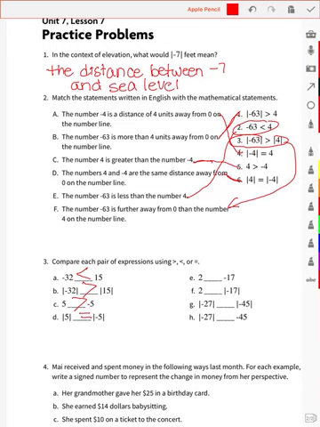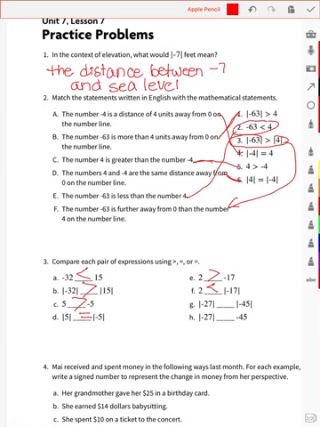E, 2 is greater than -17. But 2 is less than the absolute value of -17, because the absolute value of -17 is a positive 17. G, the absolute value of -27 is 27.